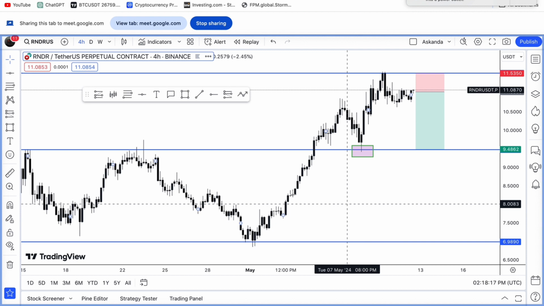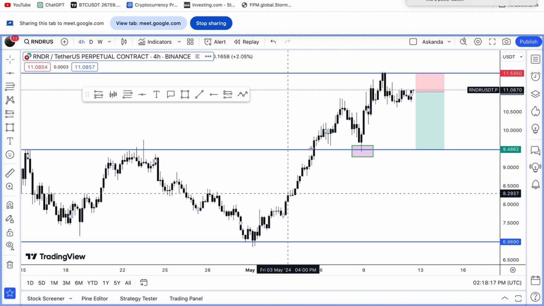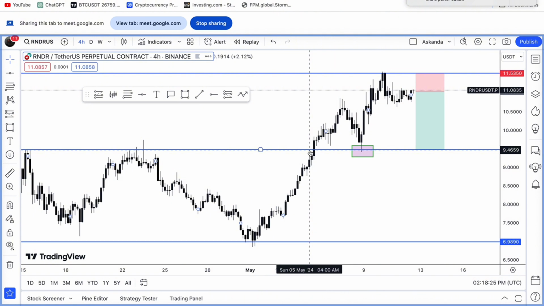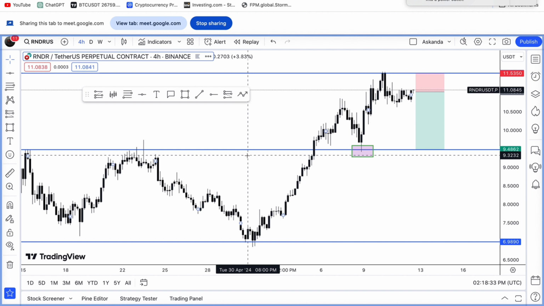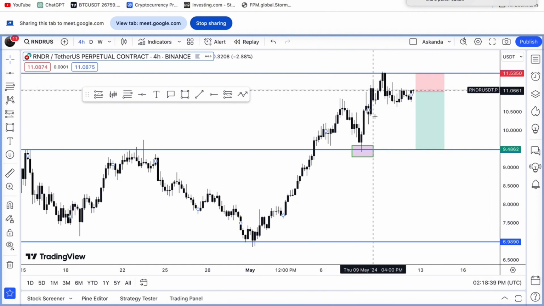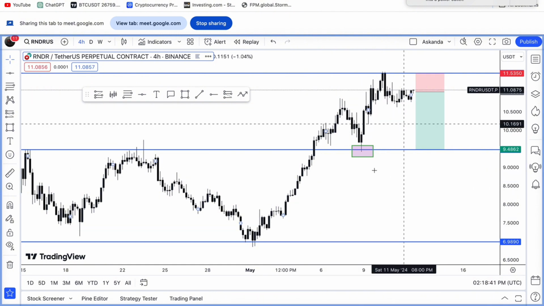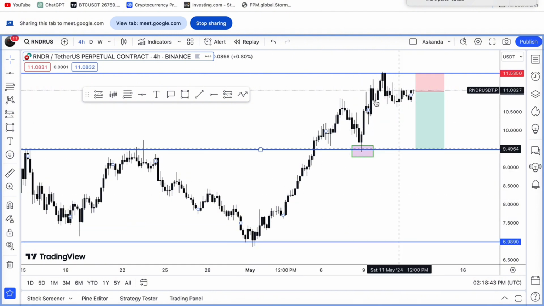That's the reason why I'm drawing these lines, to tell myself that this is where the price came and hit several times, so that place becomes the support level, then the ceiling becomes the resistance zone. When I'm drawing my lines, I look at a place where the price has touched several times. That's why I've just drawn the 3 lines. But if I'm going to take the trade, I'll remove all these things.